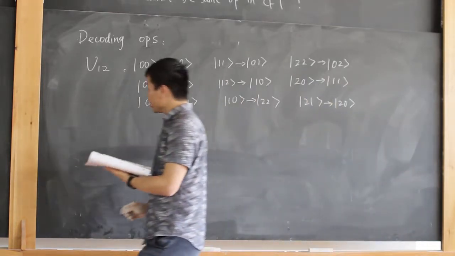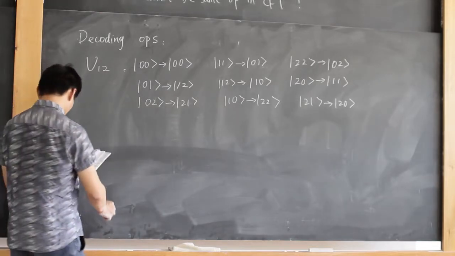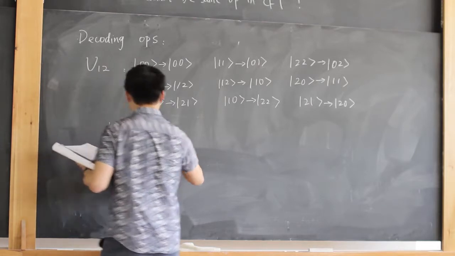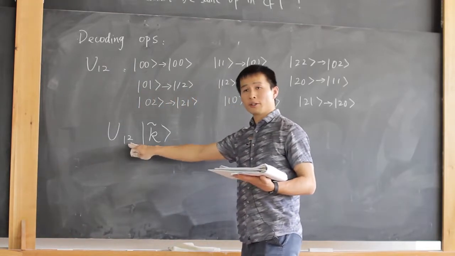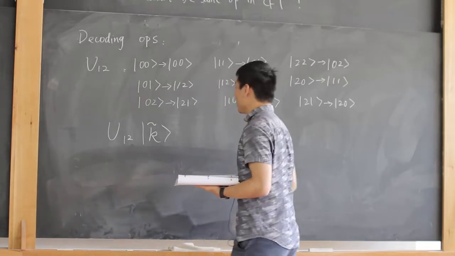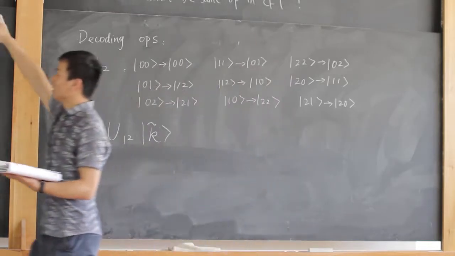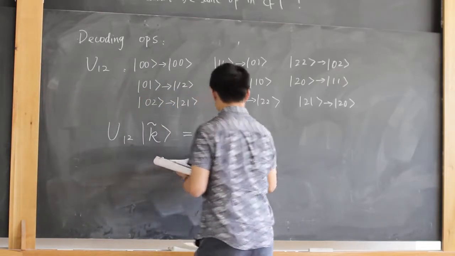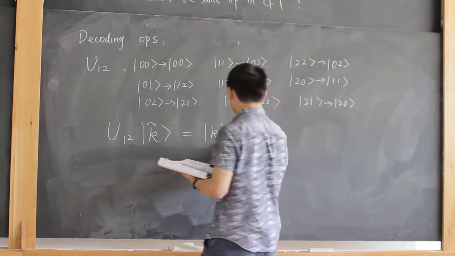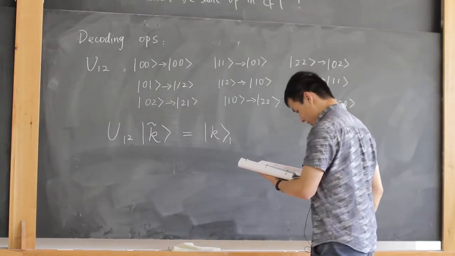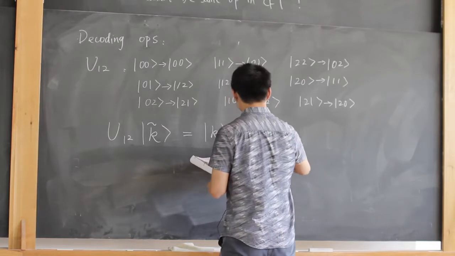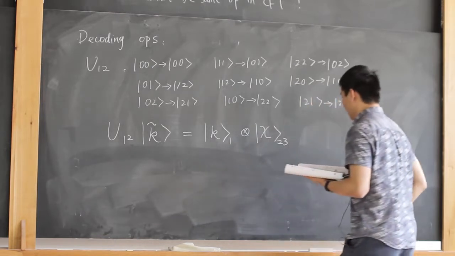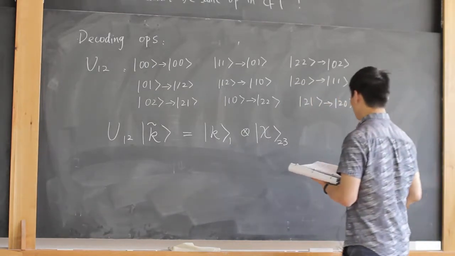So if we define such a unitary operator acting on 2 qubits, we can show easily that acting the operator on the first 2 qubits, on any of the basis states that we defined over there, we will be getting the corresponding logical information back on the first qubit, so k back on the first qubit, times some state chi on the last 2 qubits.